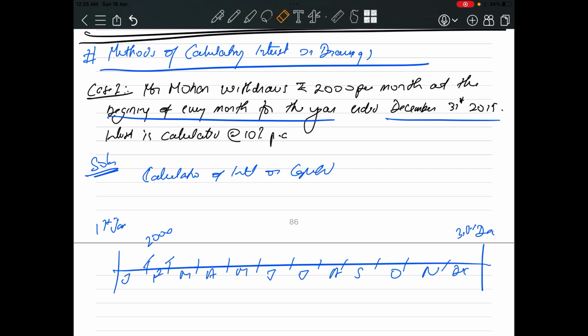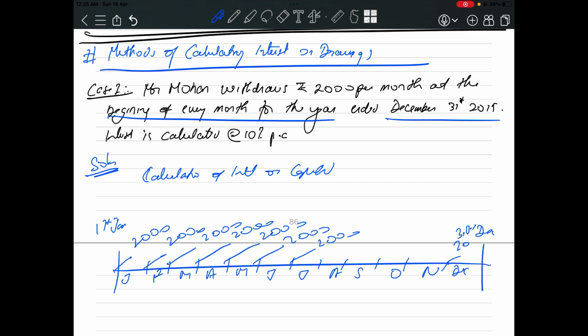So he will withdraw 2000 here, 2000 here, 2000 here, 2000, 2000, 2000, and so on. Now see, he's withdrawing 2000 every month.